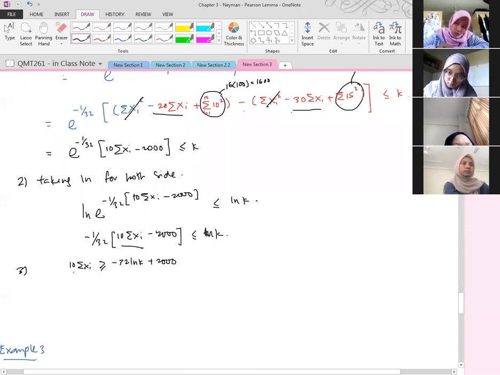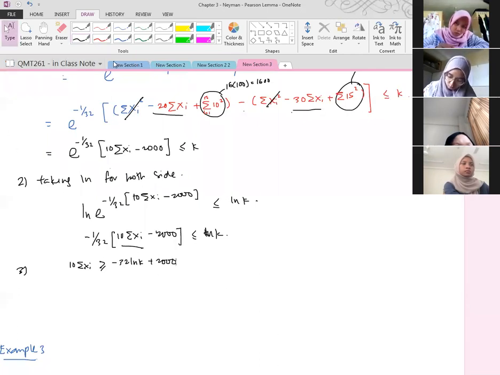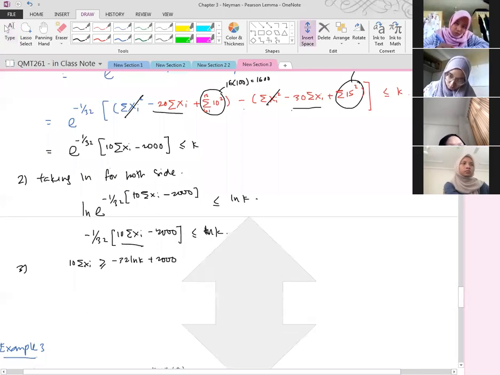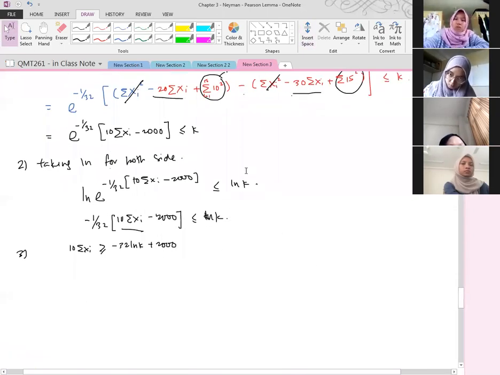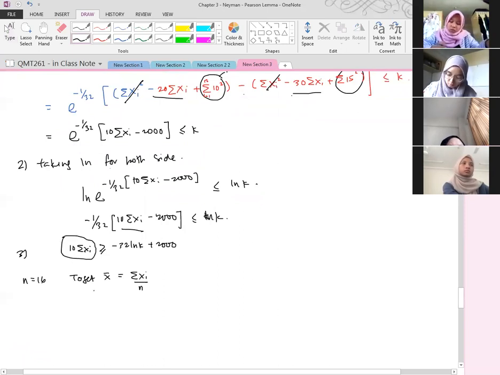So now this is our critical region, but not yet finished. We can make it nicer, right? Since we have sample size n equal to 16, to get x bar, x bar is summation of xi divided by n. So we want to make this side become x bar, so it will look nicer.